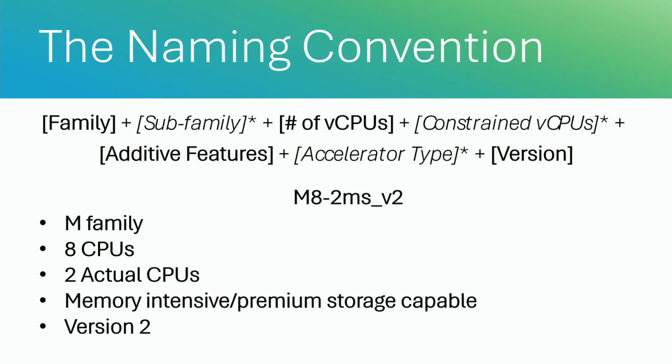It's just constraining the CPUs because we don't need all 8 and we're only going to get 2. So those kinds of clever games can be played inside the VM series so that we can come up with, hopefully, that right assembly of hardware that is perfect for our workload.